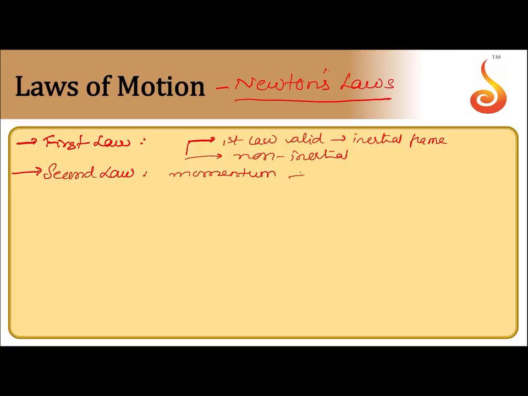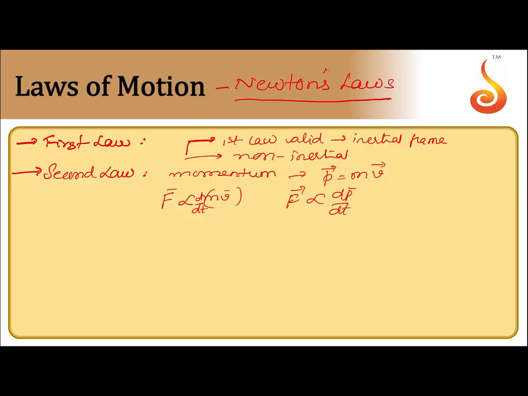You know that momentum is a vector represented by the symbol P, which is nothing but product of mass and velocity. So, now second law tells us that the force is directly proportional to the product of mv, or rather rate of change of mv. That's right. So, we can write it like this: it is proportional to dp divided by dt.